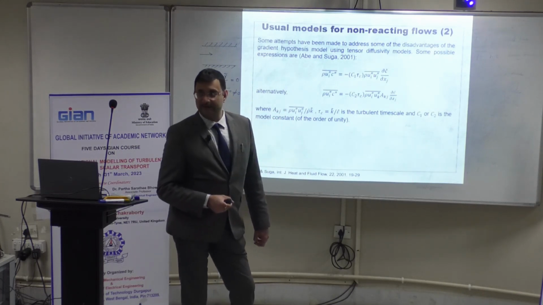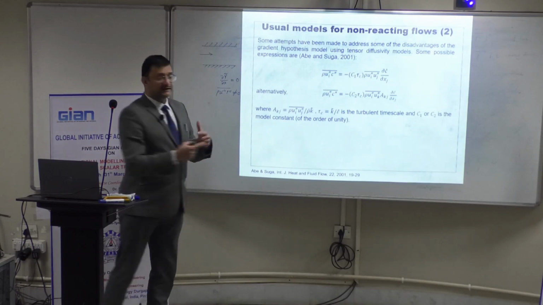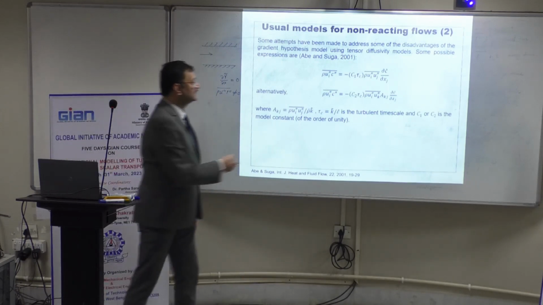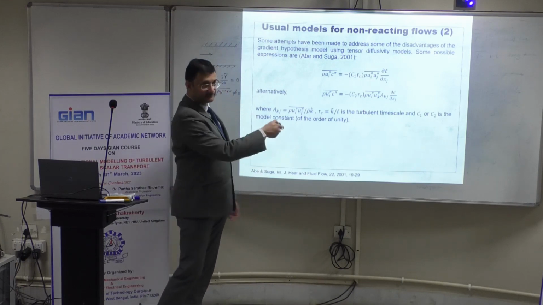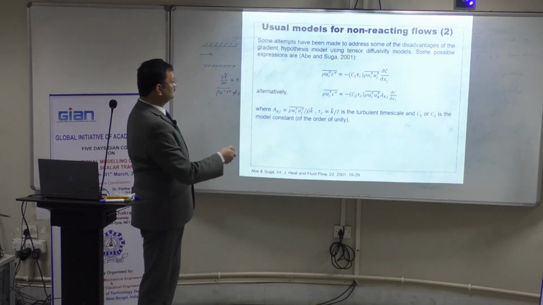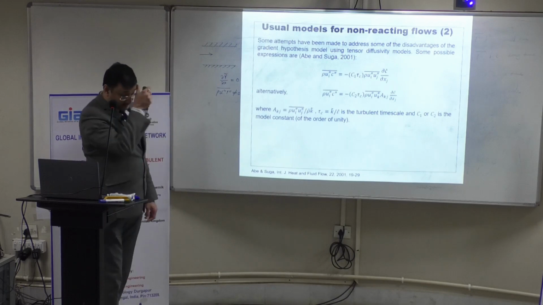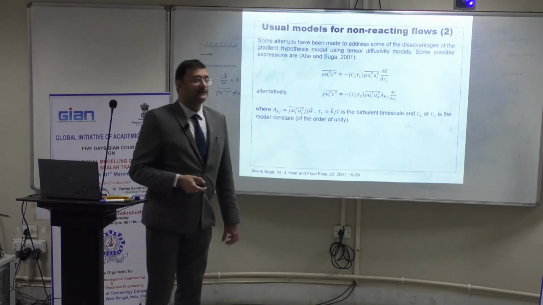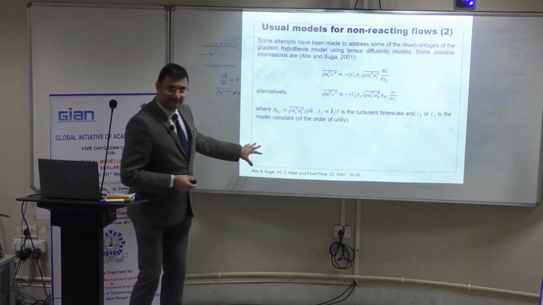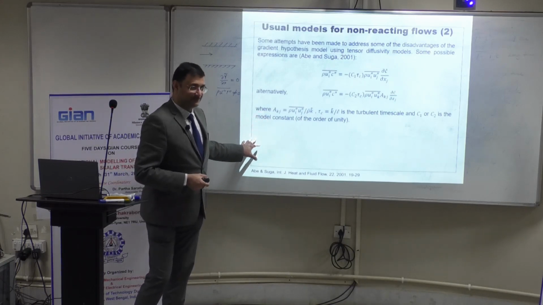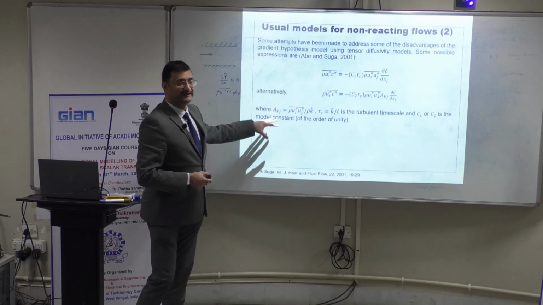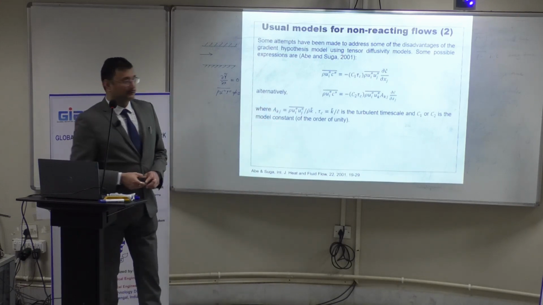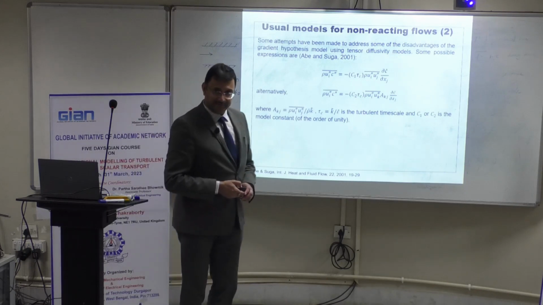So depending upon the direction, diffusivity changes. That's why it's called a tensor diffusivity model in general. These are two variants, but there are more attempts in this regard. They are more successful than the conventional gradient hypothesis model, but mostly under non-reacting scenarios. They don't really work very well in the case of reacting flows.